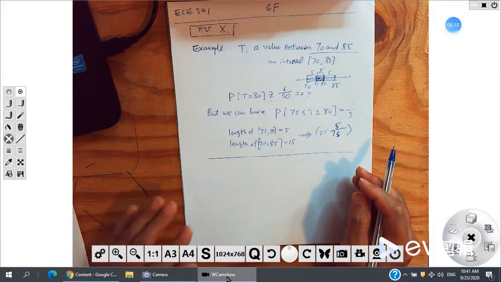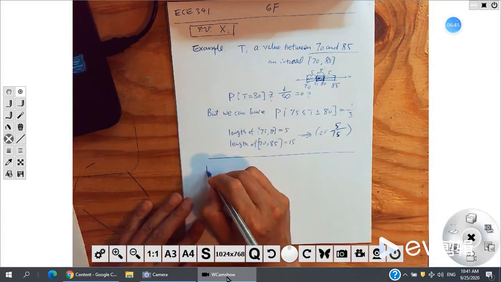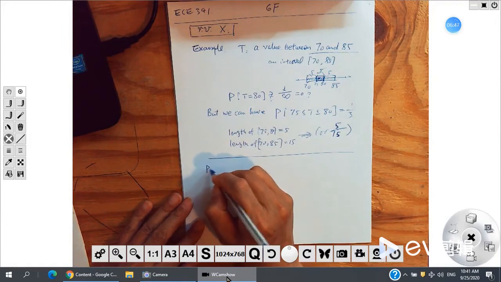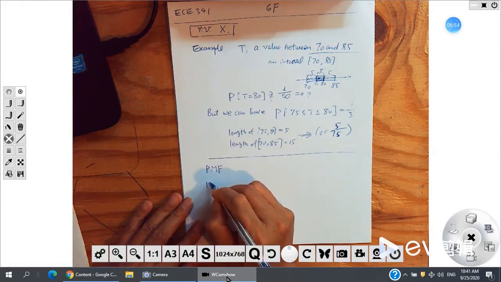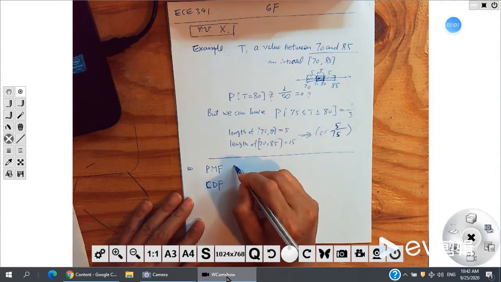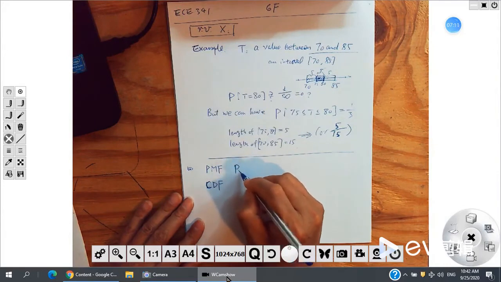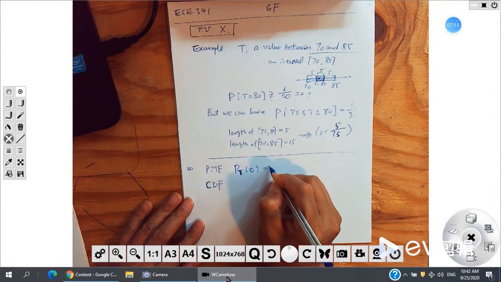All right. And in this case, remember before the midterm exam, we had two functions for a random variable: the PMF, probability mass function, and the cumulative distribution function, CDF. We have these two functions, right? For this T, the probability mass function at a temperature t, what is it?